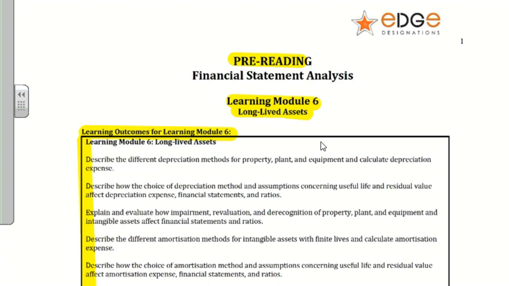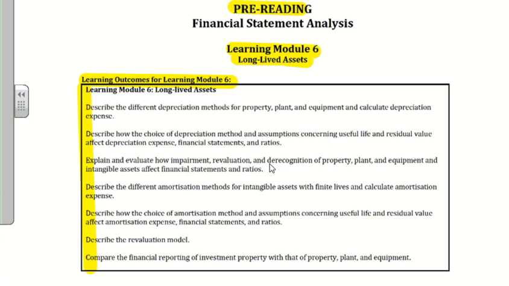Then we looked at things like goodwill, what we call intangible assets. And then we had a final look at investment property as another type of asset, moving those in between the various different types of accounts. This then brings us to a conclusion of learning module number 6, long-lived assets.